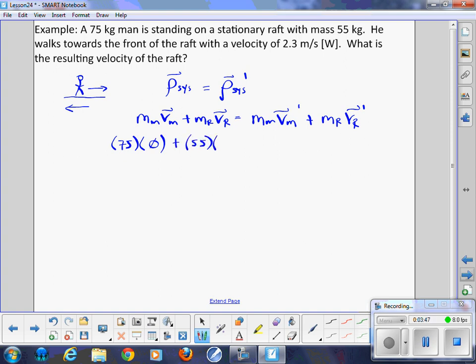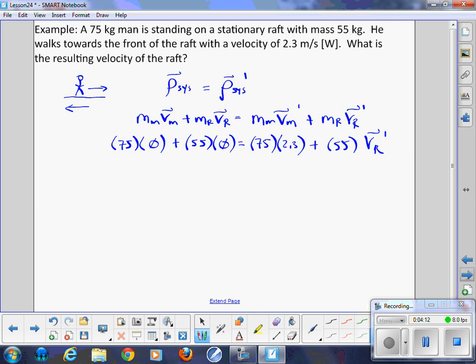Plus the raft is also not moving under the man. However, when that 75 kilogram man walks toward the front of the raft at 2.3 meters per second, then the raft is going to move. So 55 multiplied by v raft prime.